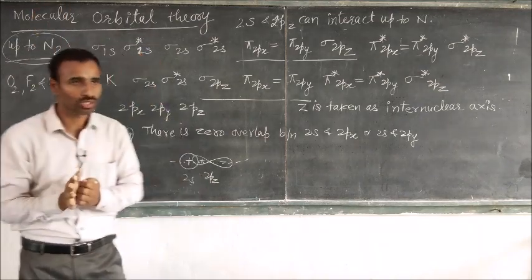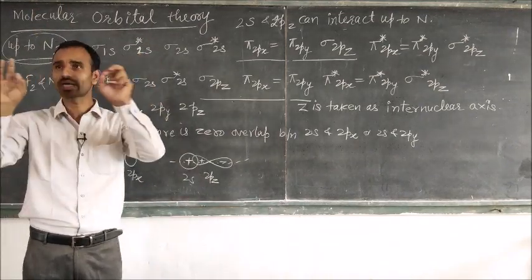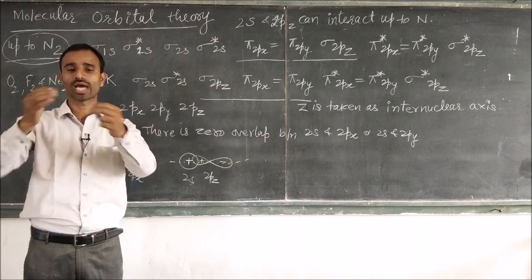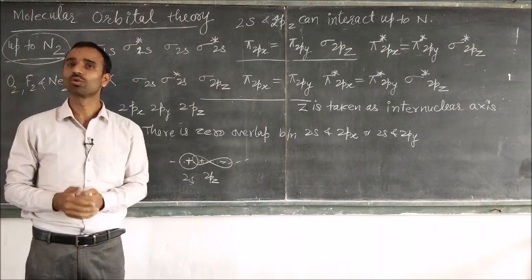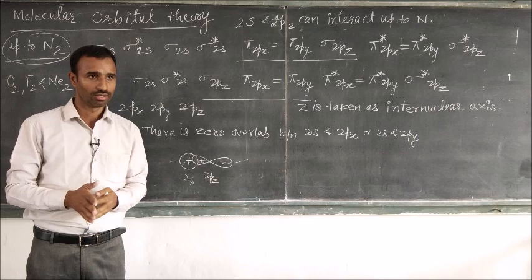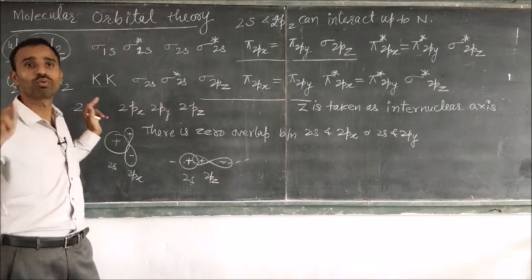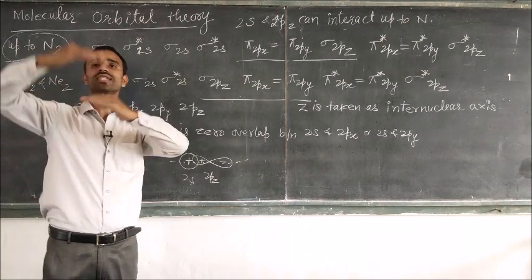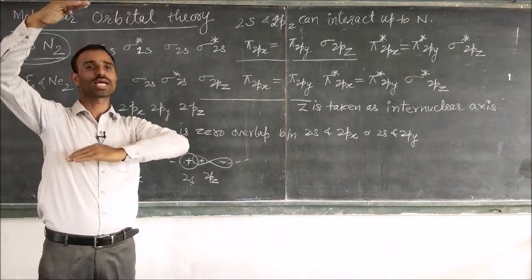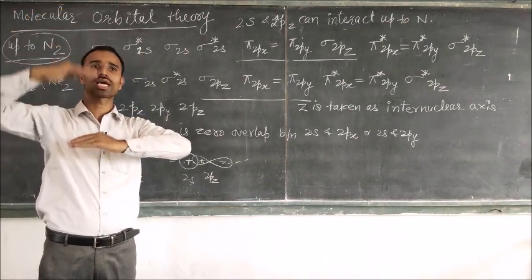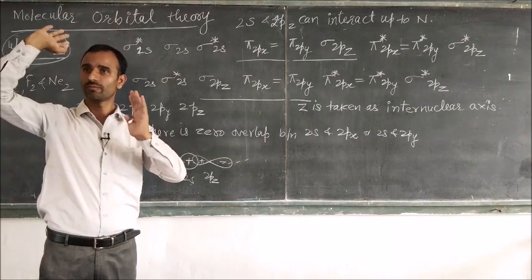So up to nitrogen, the nuclear charge is not large enough to prevent 2s from interacting with 2p. But from oxygen, then fluorine, then neon, there is a large energy gap between 2s and 2p. Therefore 2s cannot interact with 2p.